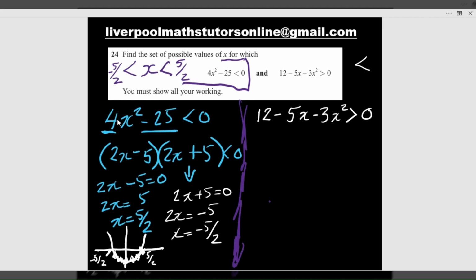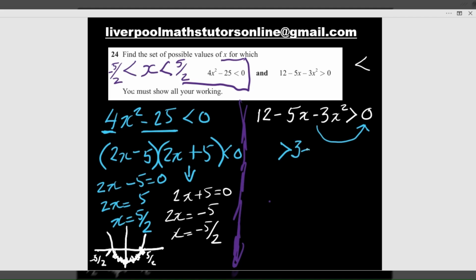So think of it like this. If I put that minus 3x squared over to that side, it'd go positive, wouldn't it? So let's have the inequality sign, I'm doing it the same way round as that, right?